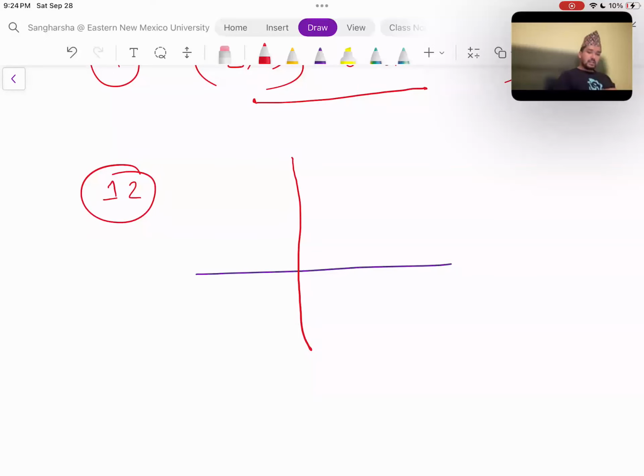The equation of this line is given as -3x plus y equals 4. Let me call the line we want line 1, and line 1 is perpendicular to line 2. Line 1 also passes through the point (2, 0). So we are finding the equation of line 1, which is perpendicular to this line and passes through this point.